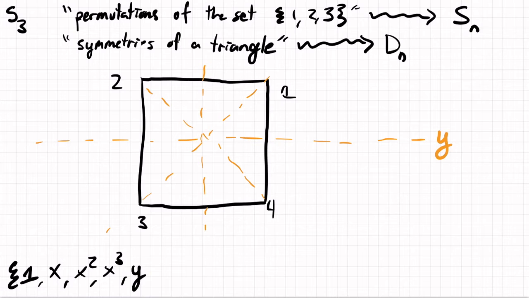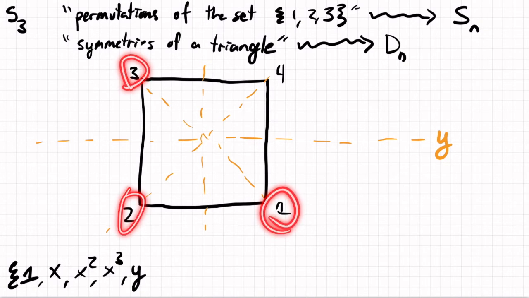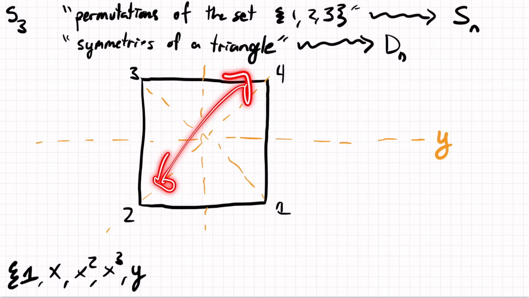And then instead of rotating, we'll reflect. 1 and 4 will switch, and then 2 and 3 will switch. And so what are we left with? Well, 1 and 3 are in their original positions, and 2 and 4 have swapped. And so what we get is we've actually reflected across this line. So this reflection is xy.